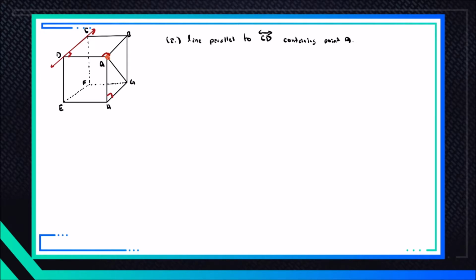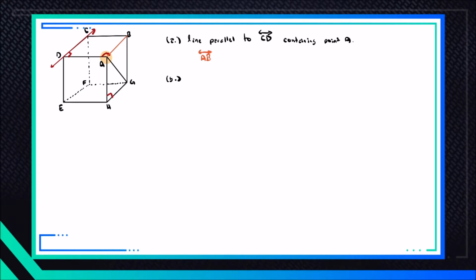So we're going to highlight that there in orange. So there's where point A is. And now we have to find a line that is parallel to it. So we have to remember that parallel means never intersecting. So now in orange, we're going to highlight that right there. So line AB is parallel to CD.